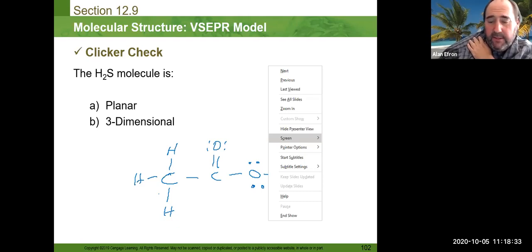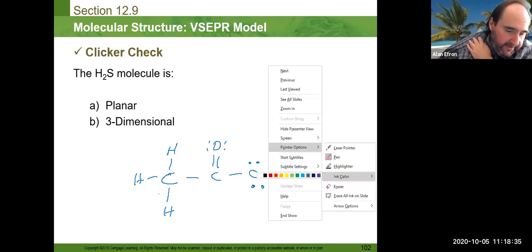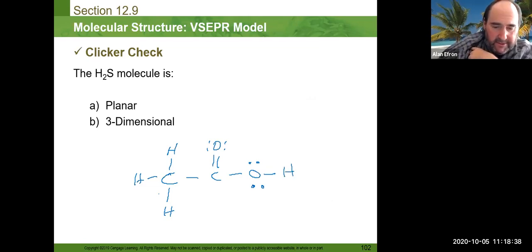When we look at this particular molecule, there's one central atom right here, two central atoms right here, and believe it or not, there are 3 central atoms in this molecule.